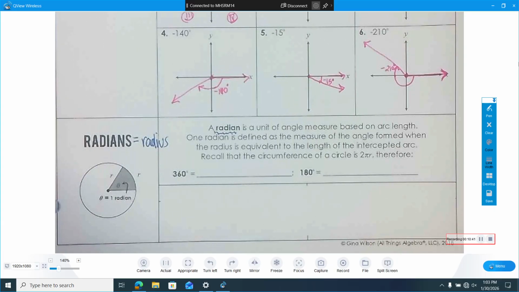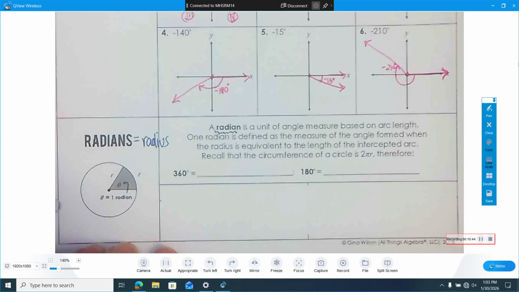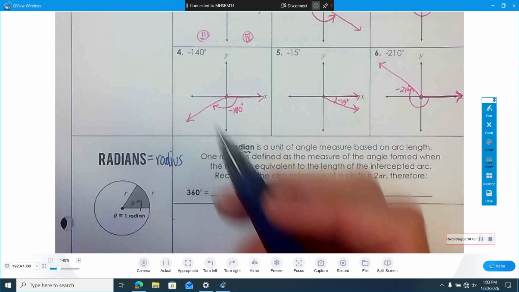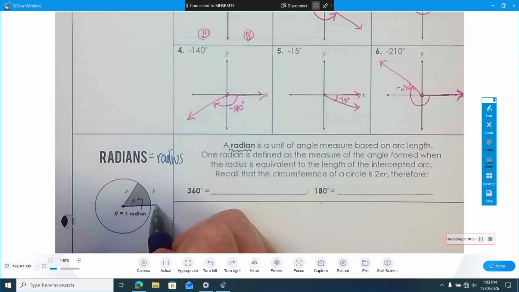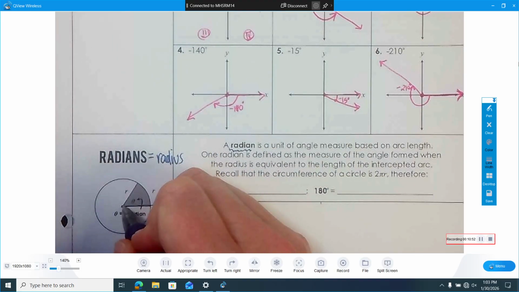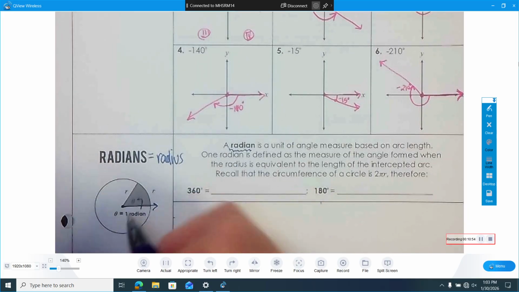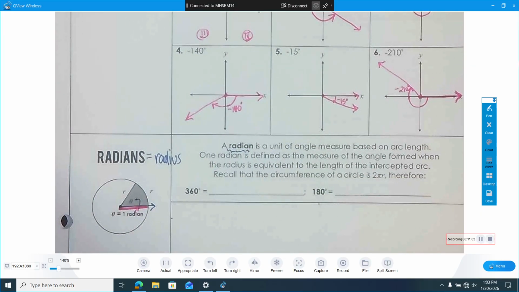So what we end up doing is we take our angle. So here we have a little angle inside a little circle here. And all it is saying, hey, my radius is this long. That is one radius.